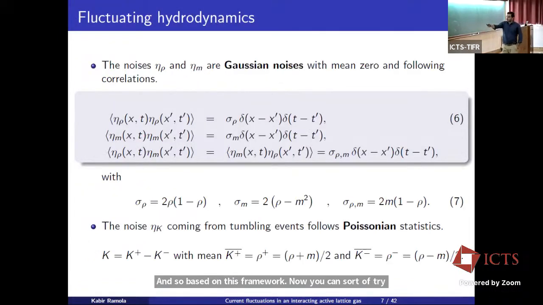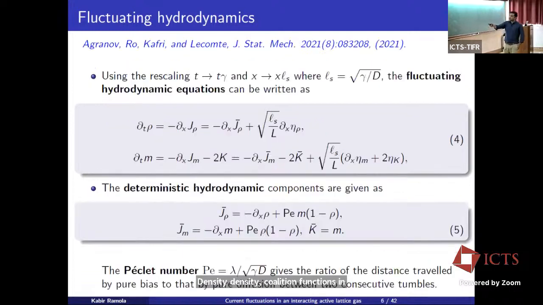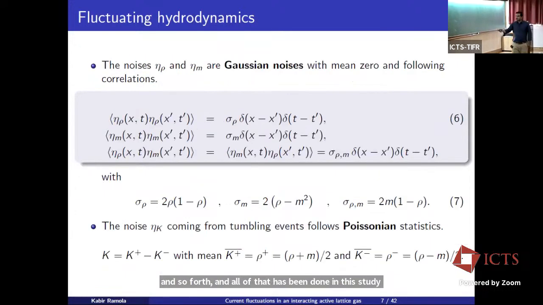Of course, you can use this to derive, for example, time-dependent correlation functions, density-density correlation functions in time, and so on and so forth. And all of that has been done in this study with Professor Kafri, who's in the audience.